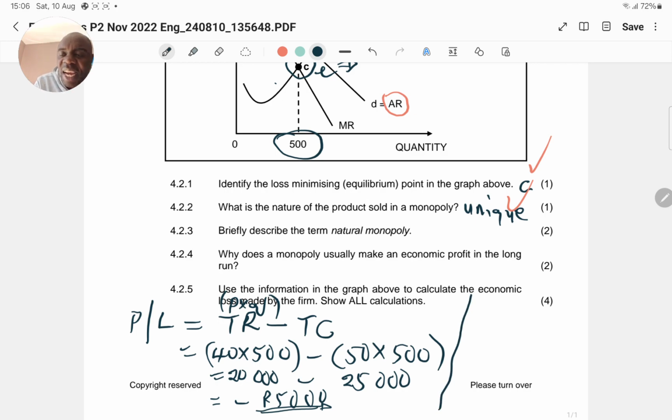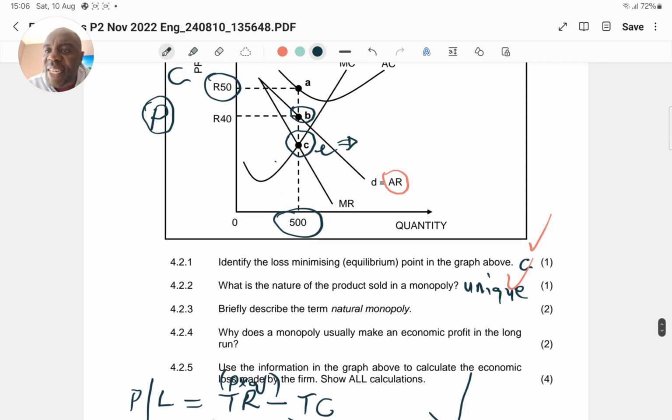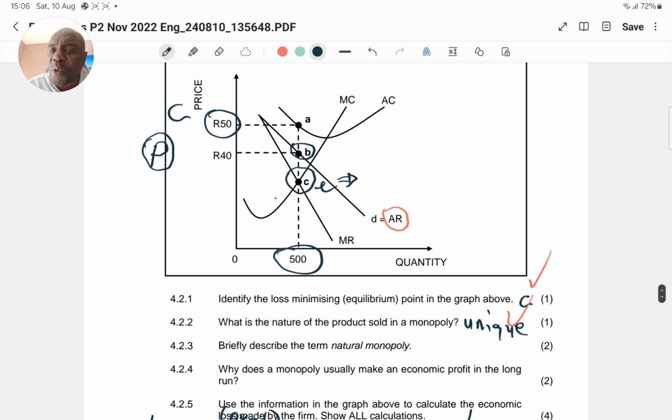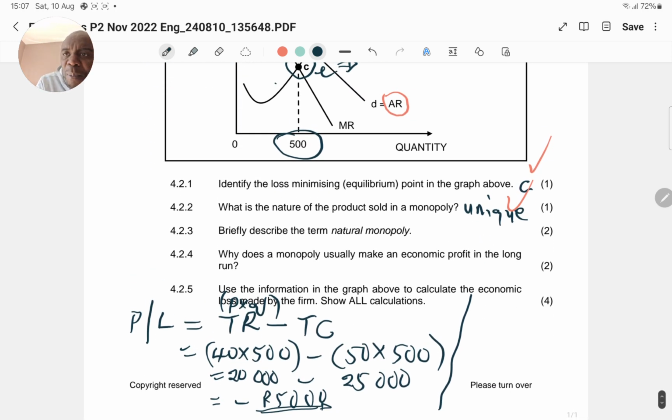There's another easier and shorter method of doing the calculation. You can look at it from a unit point of view. For each unit that we are producing and selling, how much profit or how much loss are we making? For each unit that we produce, we are selling it at 40 rand and it cost us 50 rand to produce. So each product that we are putting on the market, we are making a loss of 40 minus 50, which is negative 10.